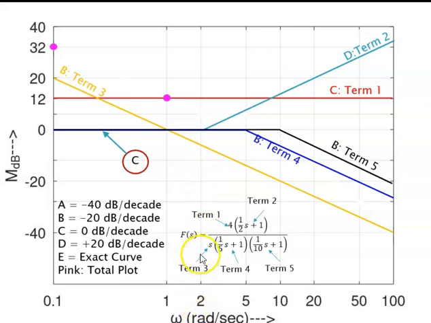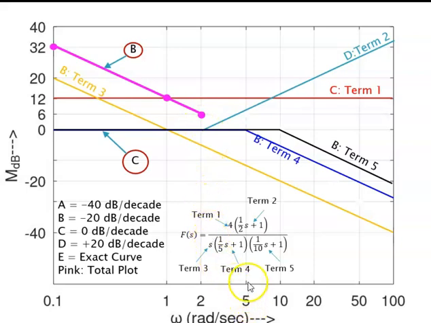If you come to 2, all the terms contribute 0 except term 1 and term 3. This term 1 is 12, term 2 is a little negative value. And if you sum both of them up, that is, read what is the value here, and then 12 minus this is 6.